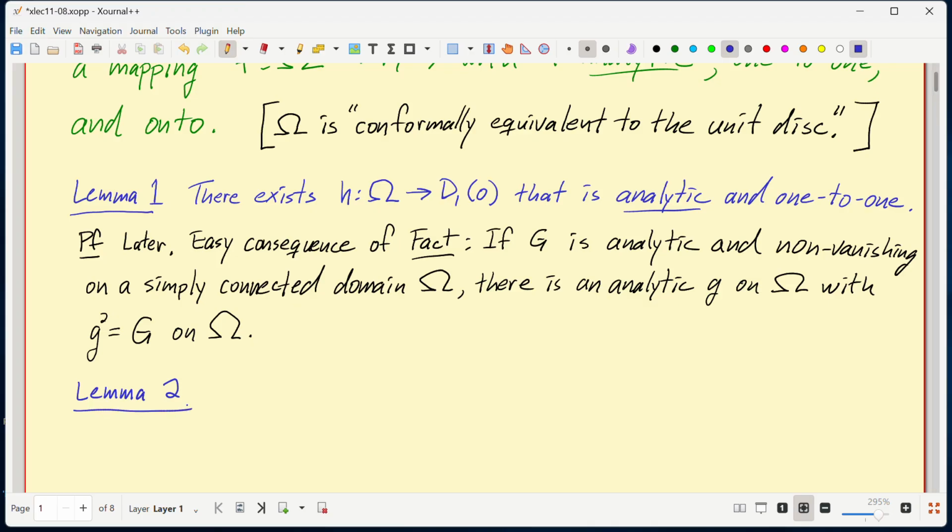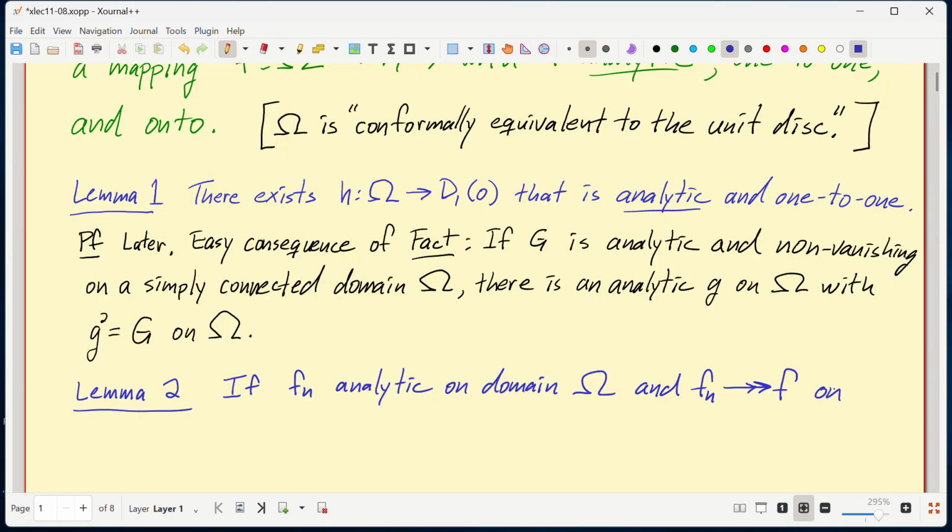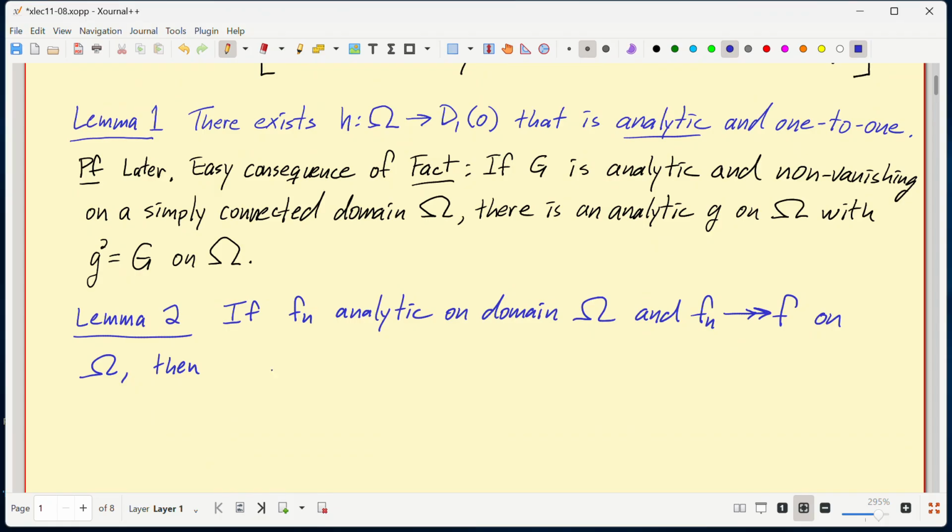It's a remarkable fact about analytic functions that if you have a sequence f_n that's analytic on a domain omega, and the f_n's converge uniformly on compacts to something, which of course would also be an analytic function, then not only that, but all the derivatives converge uniformly on compacts too.